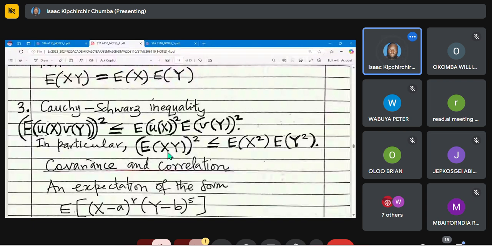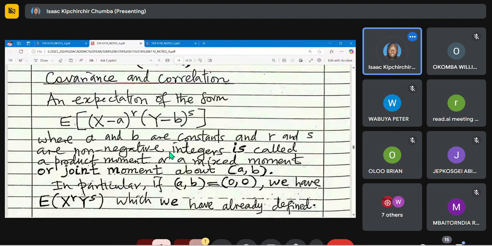So we shall be using these properties as we proceed. Now, when studying one random variable, what was important was its mean, which measures the center of the distribution.